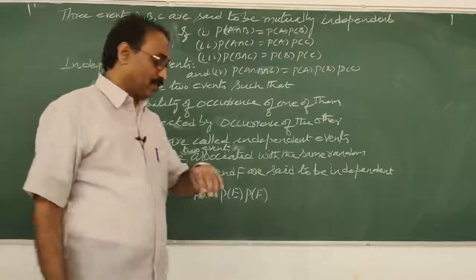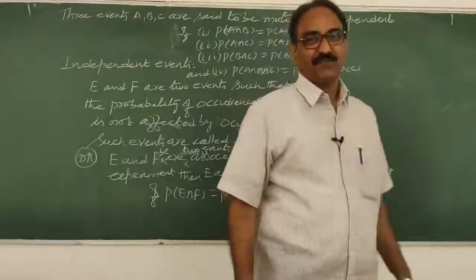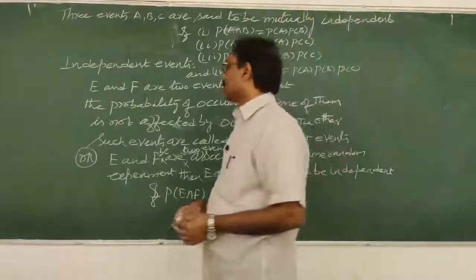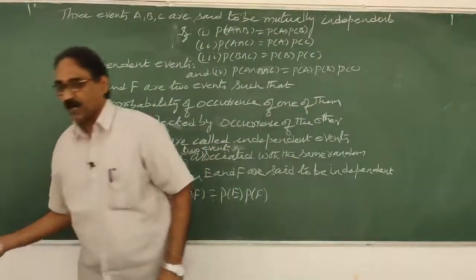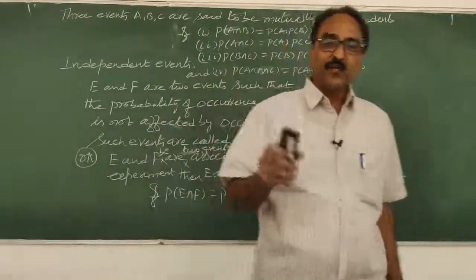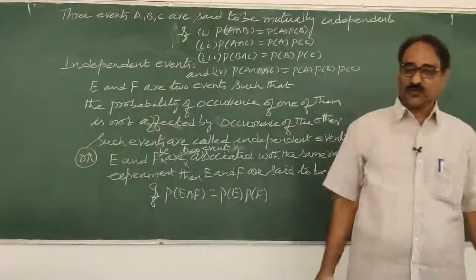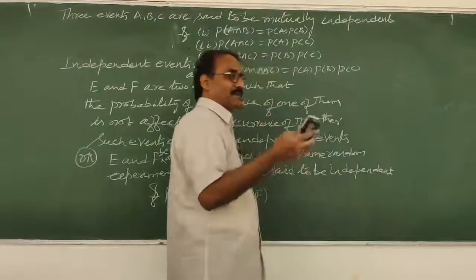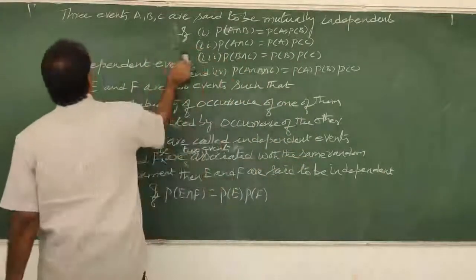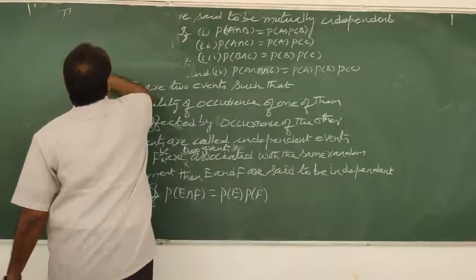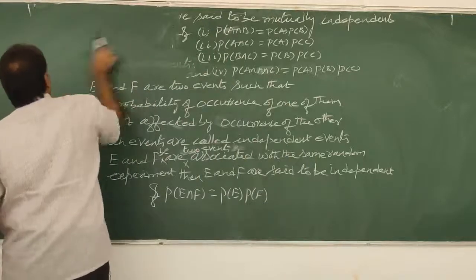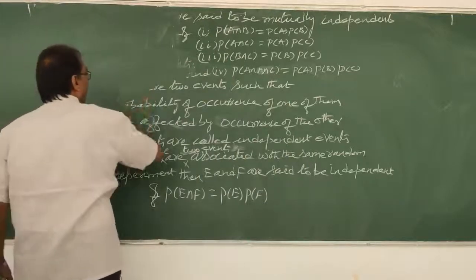I will tell you before going, because if I do total theory, the problems will be boring. So now, whatever we taught in independent events, we will do some problems based on this. We can register it 100% in your mind by using these points. My dear students, we will do that first. Then some more points are there, I will tell you later on.